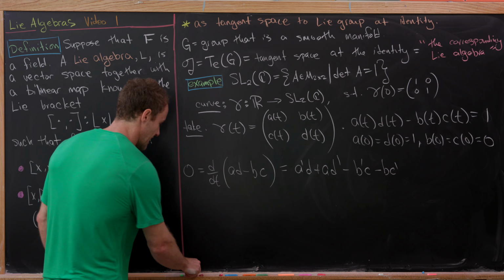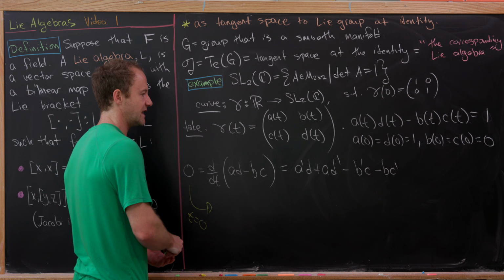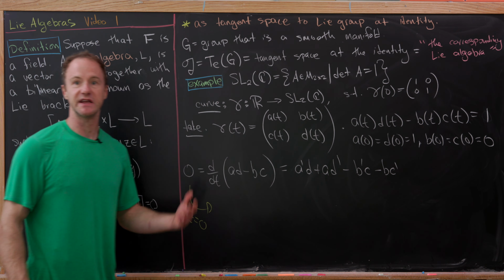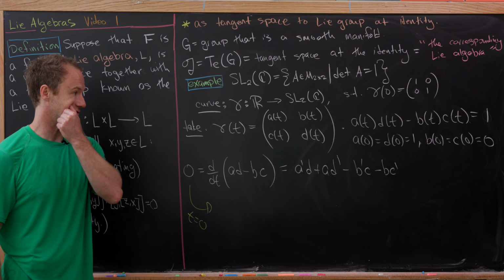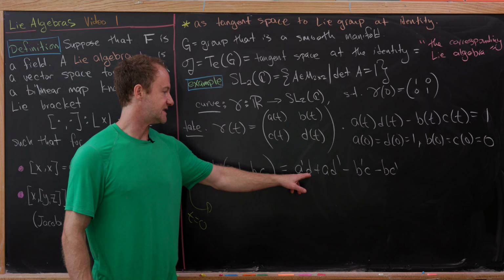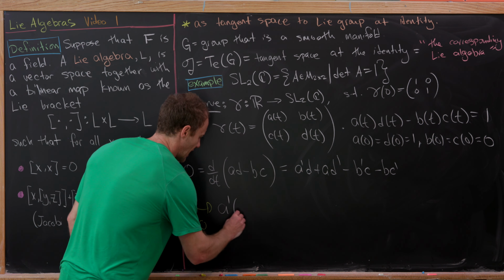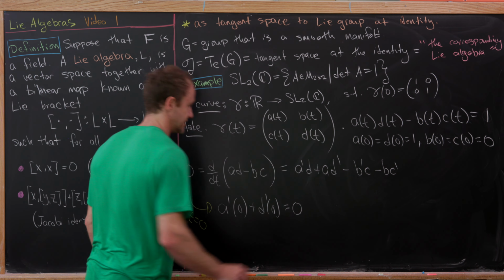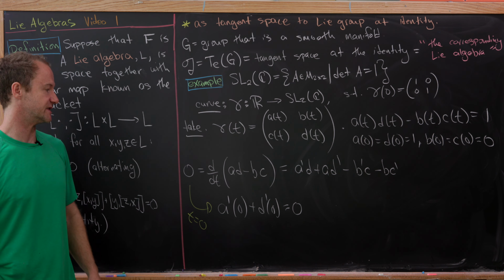Now we evaluate this at t equals 0. Notice these two terms cancel, because we get a C of 0 and a B of 0, and those are both 0 from this condition right here. Then D of 0 is 1, A of 0 is 1, so that gives us A prime of 0 plus D prime of 0 equals 0. So in other words, the trace is equal to 0.